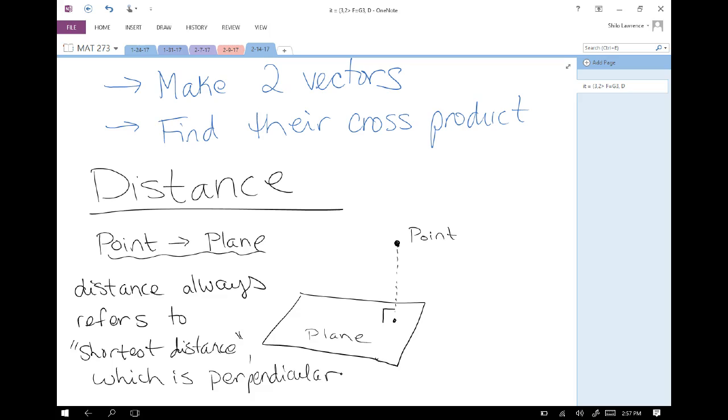So I already know what direction that is. All we have to do, so let's call this point P. And if I know the equation for the plane, we're going to find a point that's in the plane, point Q.